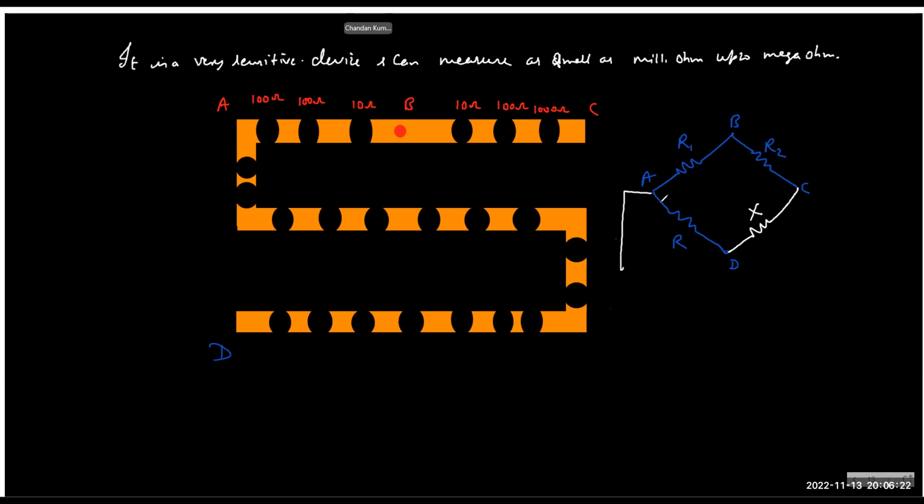Power will be supplied across which two terminals? A and C. Do you realize this? Yes. And the galvanometer will be put across which two terminals?